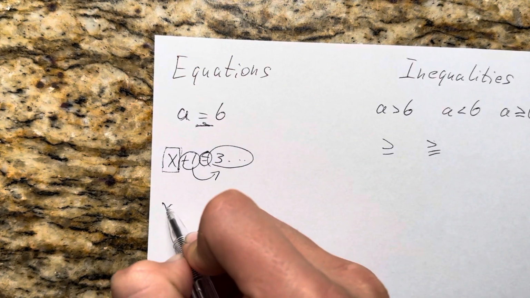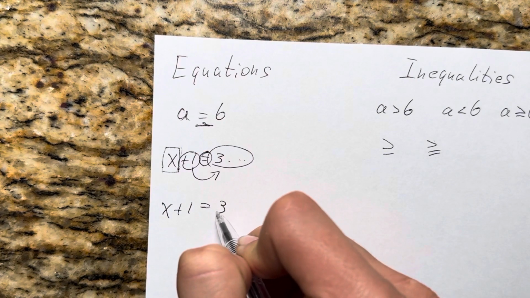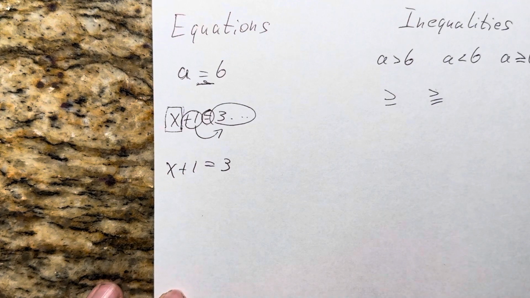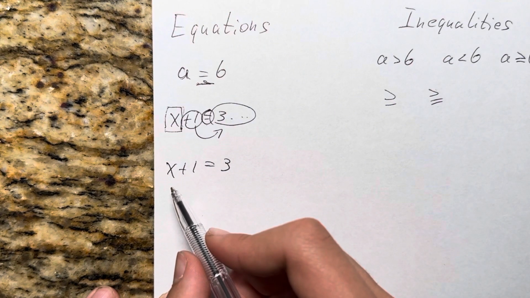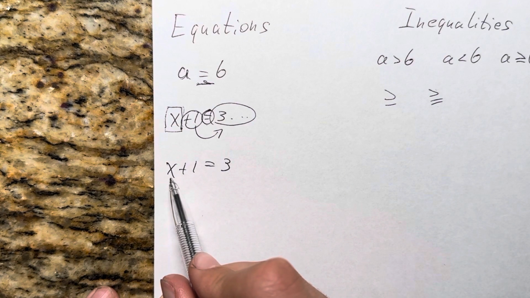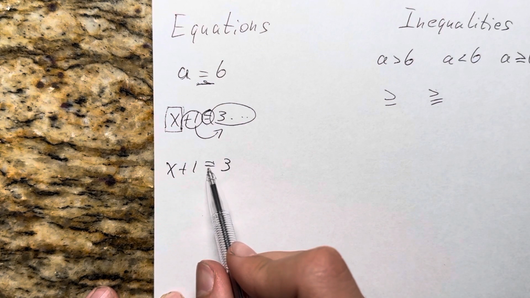So we have to separate the x from everything. Here it's plus 1 in this case, and move it to the other side of the equal sign. So we got x plus 1 equals 3. Remember, we're trying to leave the x alone on its side of the equal sign.